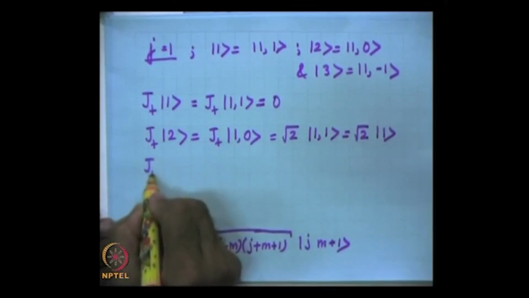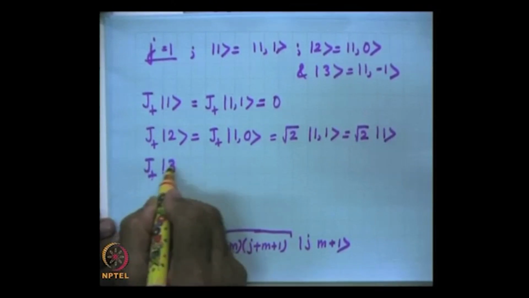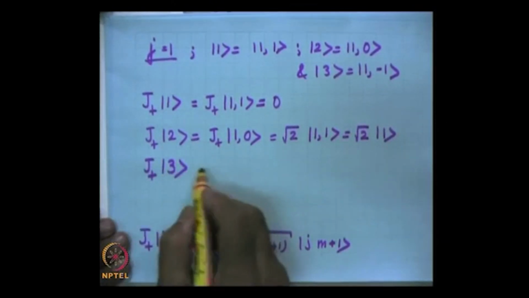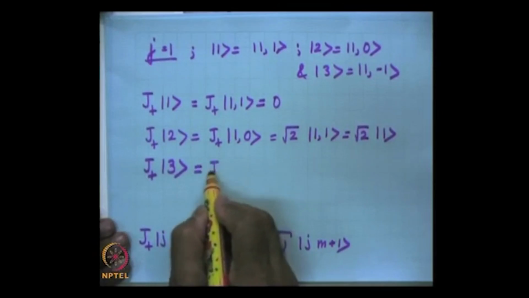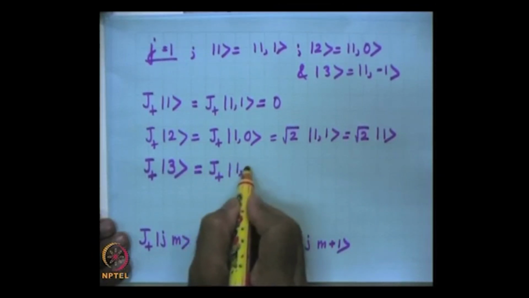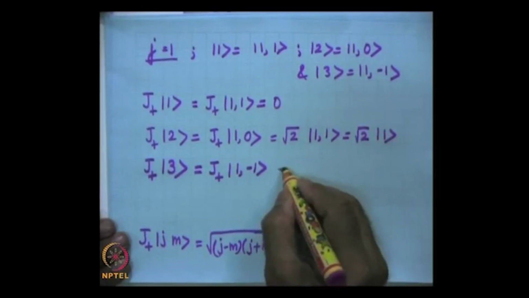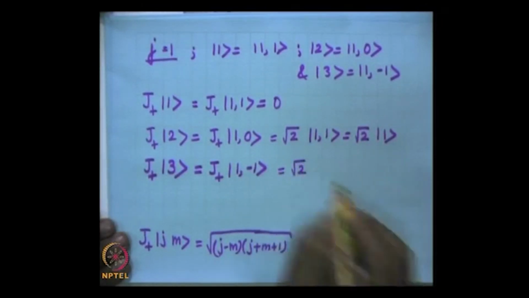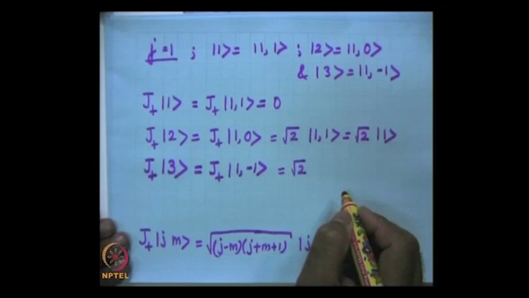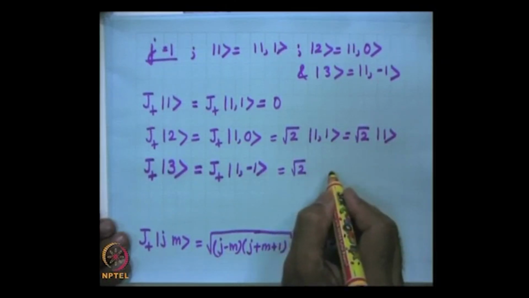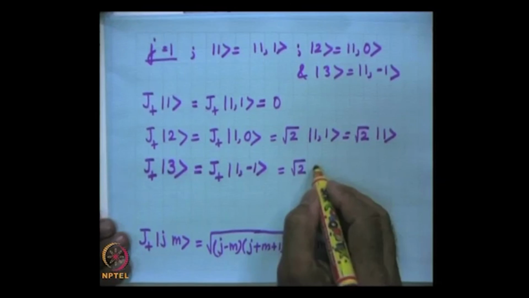Similarly, J plus on ket 3, which is |1,-1>: m is minus 1, so 1 minus minus 1 is 2, and 1 plus minus 1 is 0. So, this will again be square root of 2 times |1,0>, that is ket 2.